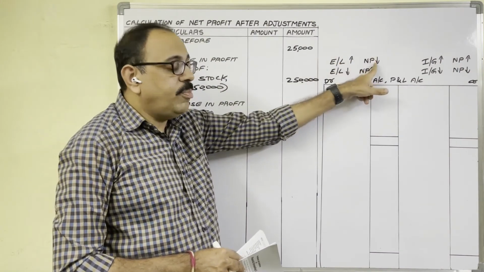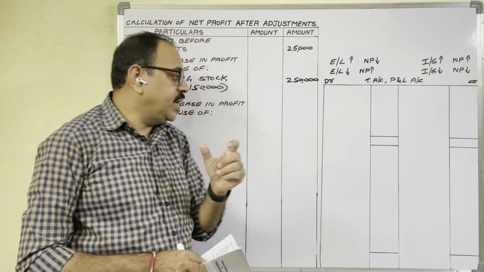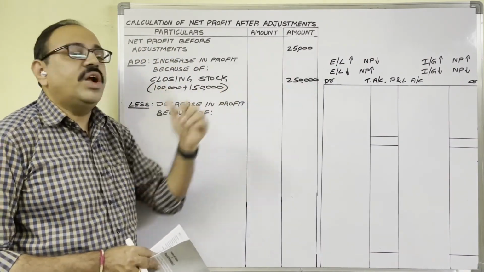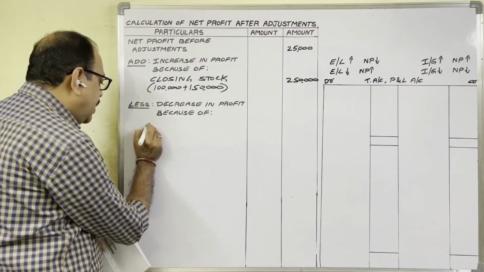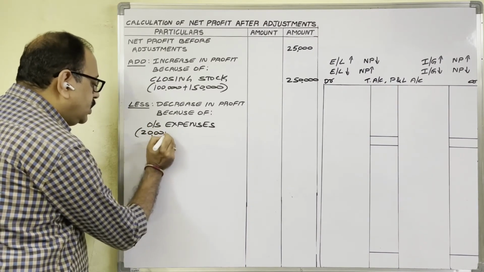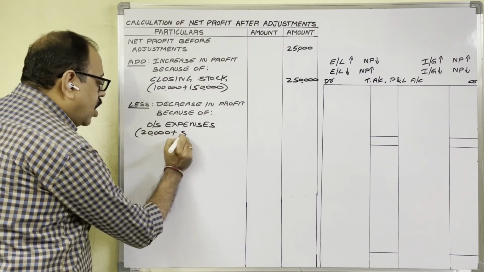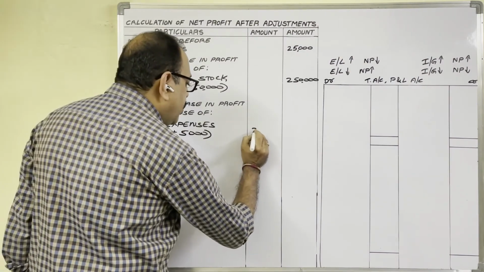Then what is the effect on net profit? Net profit decreases, so we have to subtract these two adjustments from 25,000. We show outstanding expenses: wages outstanding 20,000 plus outstanding printing 5,000, total 25,000 rupees in the inner column.